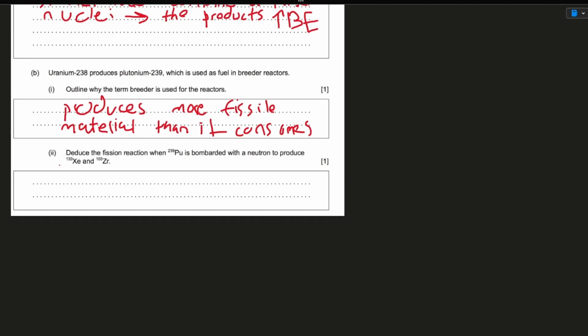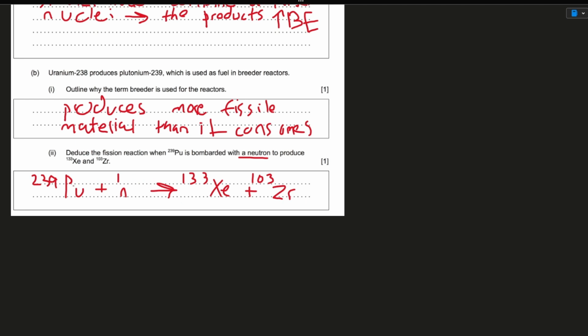The second part of part B says deduce the fission reaction when plutonium-239 is bombarded with a neutron to produce xenon and zirconium. This is pretty self-explanatory. We have 239 plutonium bombarded with a neutron, and this reacts to produce xenon and zirconium.